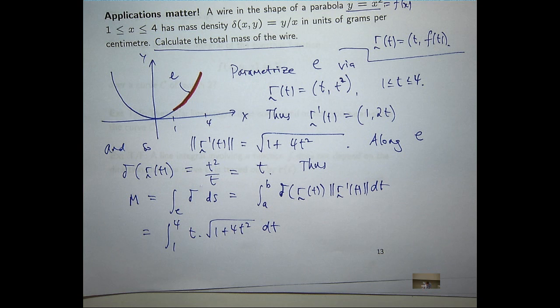Sometimes these are easy, sometimes they're not so easy. For this one, I could just write it down, but does anybody know how I would calculate the antiderivative of that, if I wanted to justify it? Anyone?